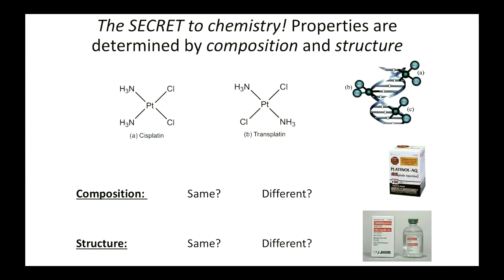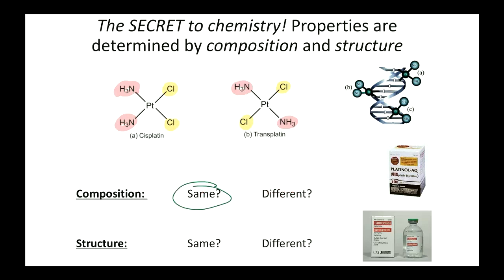So here's another example. Here are 2 molecules, cisplatin and transplatin. So look at both of them. Both of them have a platinum atom. Both of them have chlorine groups, right? And then both of them have these NH3 groups. So their composition's what? The same or different?